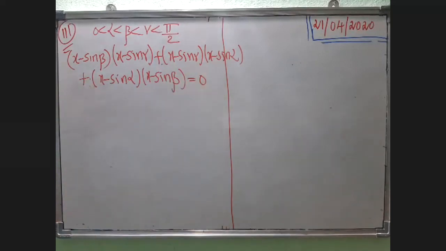He gave 4 options, and those 4 options are nothing but you should find here the nature of the roots. Now you should know here how to solve the problem.